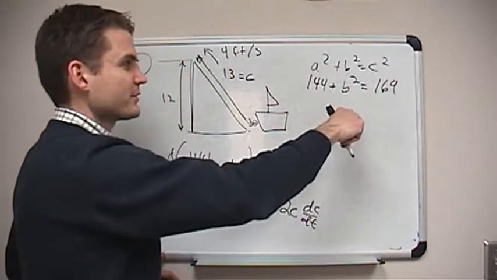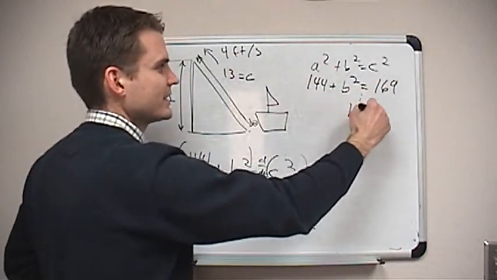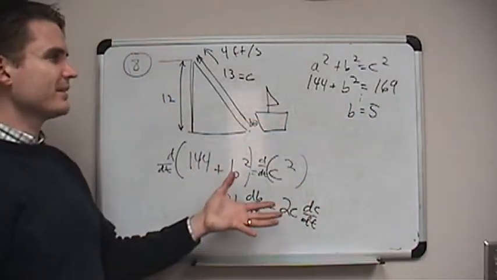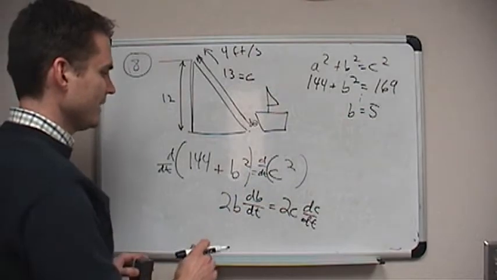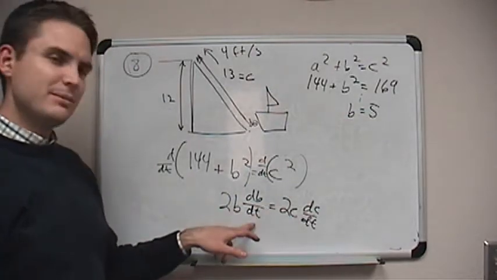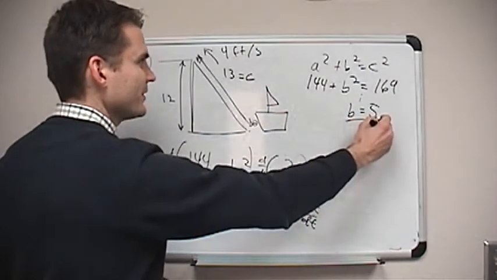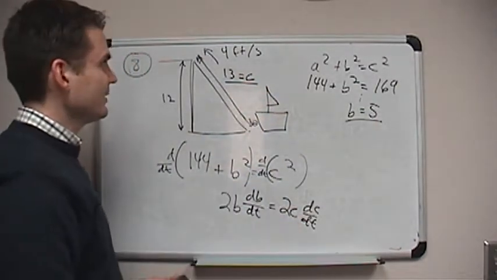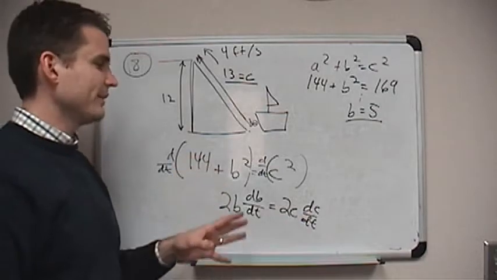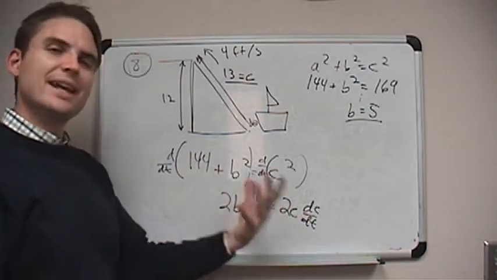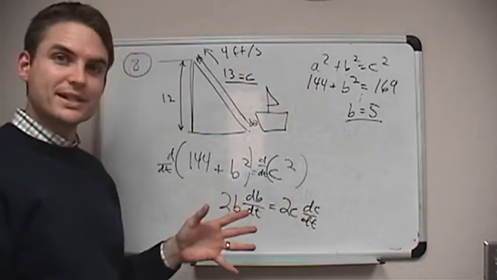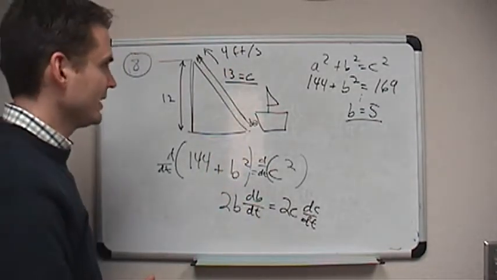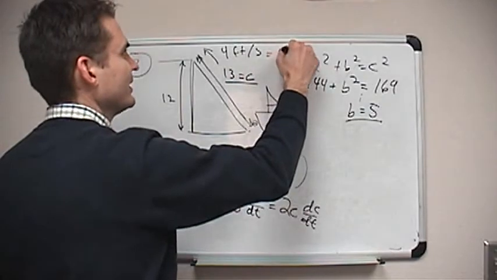So we can solve this for b: subtract the 144 over to the other side and take the square root, and it turns out b is equal to 5. So we're interested in computing dB/dt when b is 5, c is 13, and dc/dt, the rate of change of c, I would say, is -4, because the length of c is decreasing 4 feet per second if we're reeling the rope in. So we've got numbers for everything now.